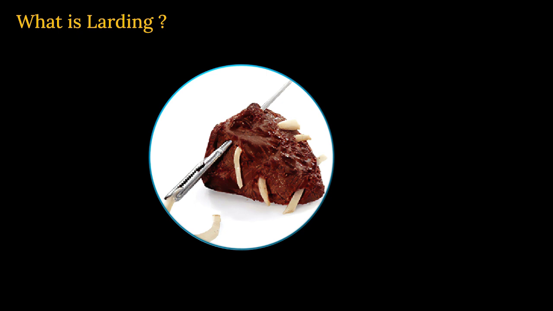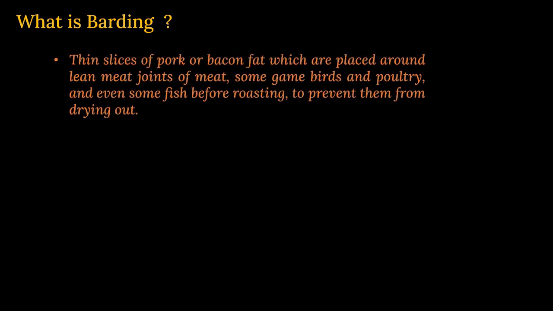So larding is nothing but inserting pork fat or lardons inside the lean meat before roasting or grilling by using a larding needle. Clear? Okay. And then what is barding? Very similar one.